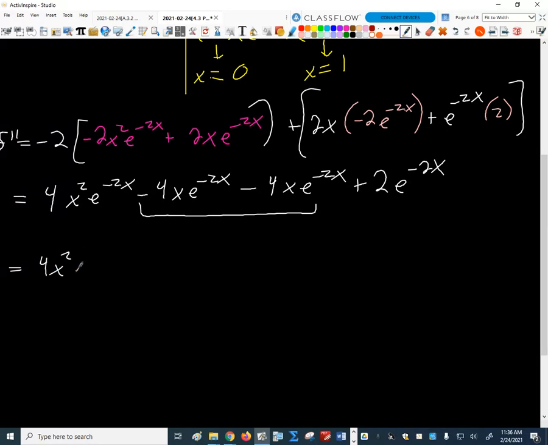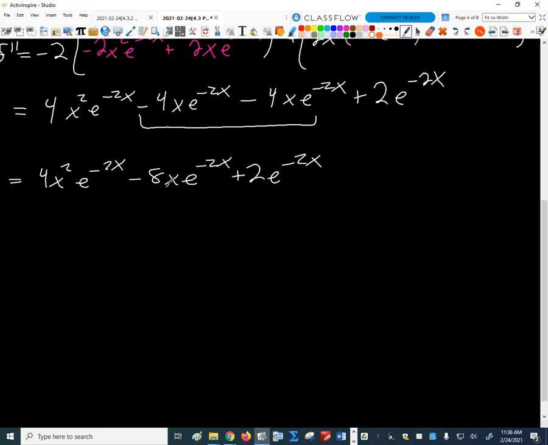So I get 4x squared e to the negative 2x minus 8x e to the negative 2x plus 2e to the negative 2x. And now I could factor out a 2e to the negative 2x. And what's left behind?